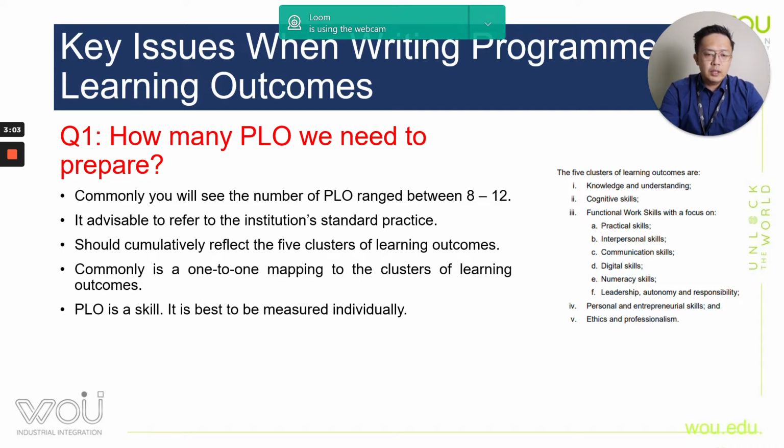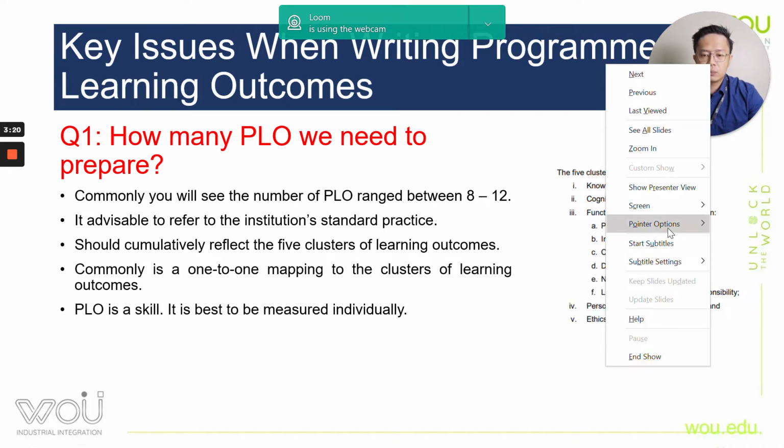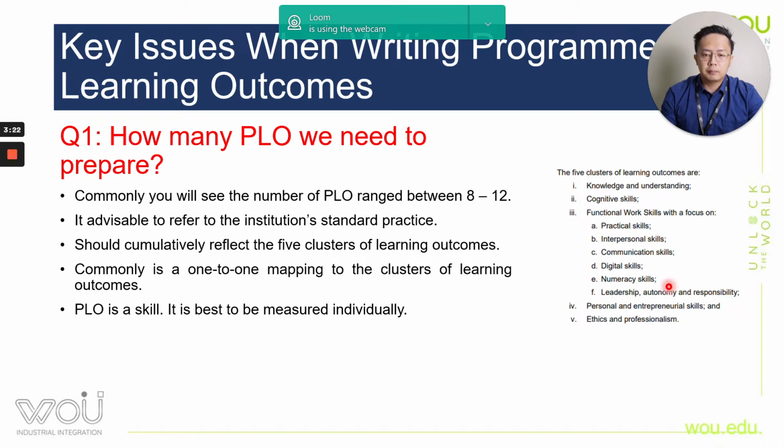No matter whether you have 8, 11 or 12, you must make sure that your PLO map to one scale at one time, which means it is a one-to-one mapping against these 5 clusters of learning. So one PLO maps to one cluster of learning.